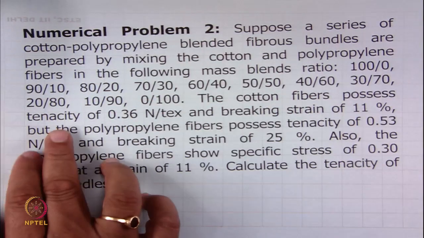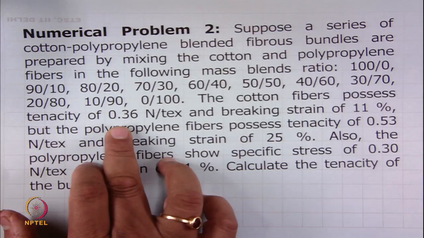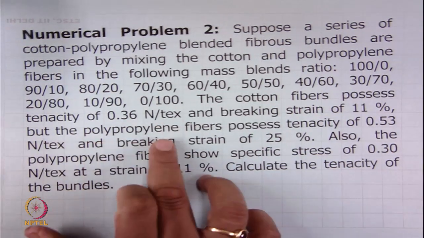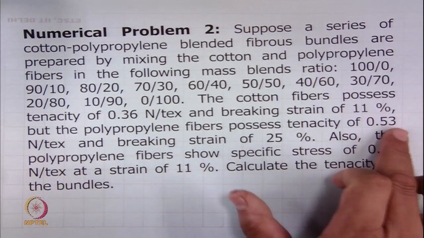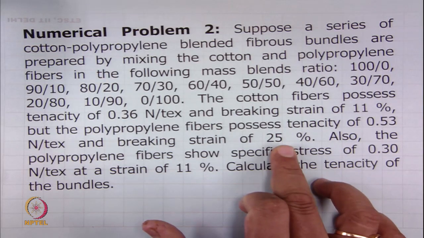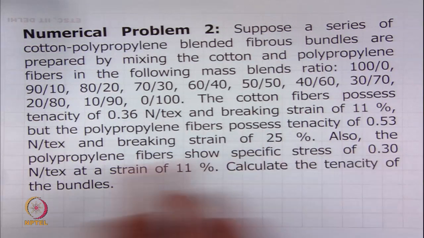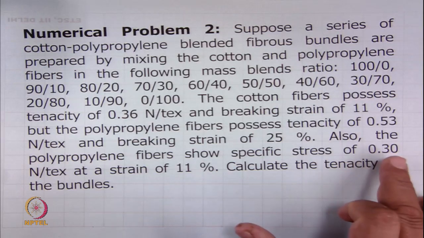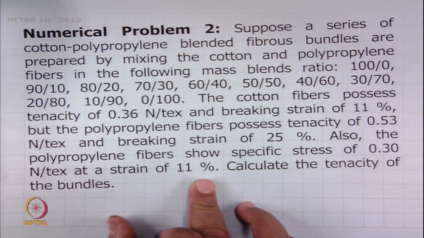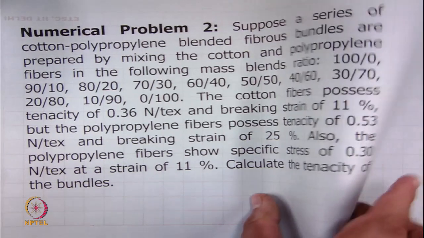The cotton fiber possesses a tenacity of 0.36 Newton per tex, breaking strain of 11%, but the polypropylene fiber possesses tenacity of 0.53 Newton per tex and breaking strain of 25%. Also, the polypropylene fiber shows specific stress of 0.30 Newton per tex at 11%. Calculate the tenacity of the bundles.